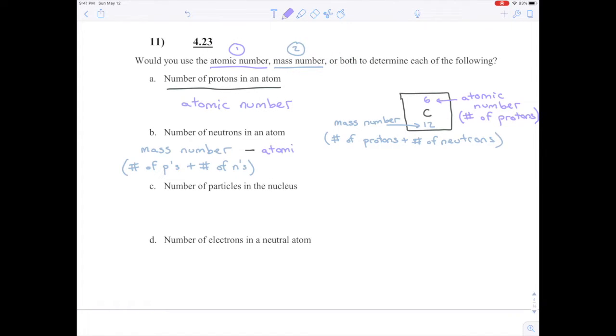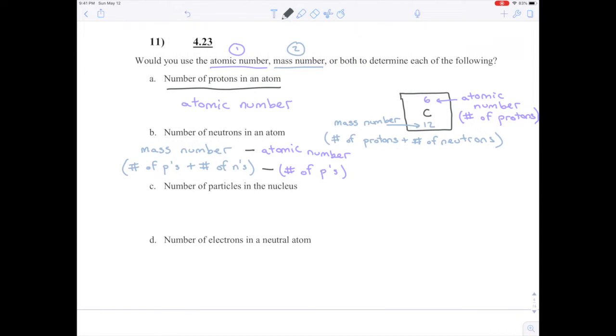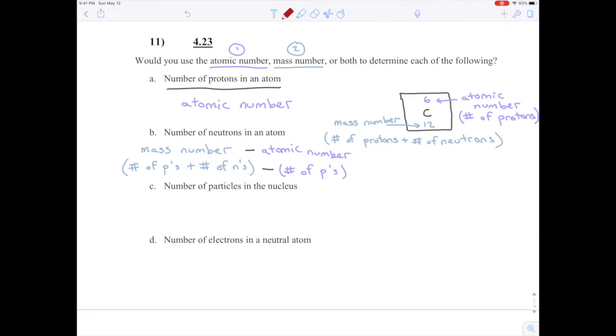So the number on the bottom minus the number on the top. Remember, the atomic number is the number of protons. So if you take the number of protons plus the number of neutrons and subtract the number of protons, you're just left with the number of neutrons.